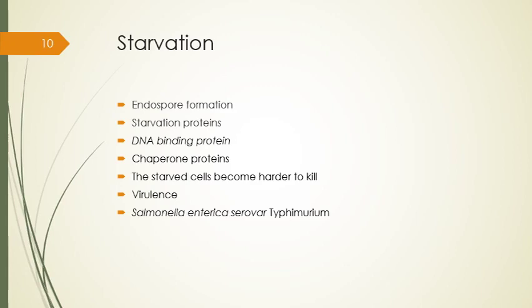Chaperone proteins prevent protein denaturation and renature damaged proteins. As a result of these and many other mechanisms, the starved cells become harder to kill and more resistant to starvation itself, damaging temperature changes, oxidative and osmotic damage, and toxic chemicals such as chlorine.